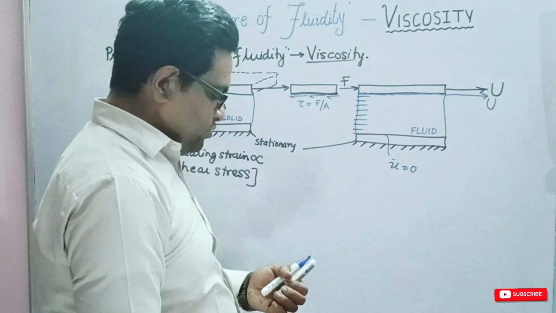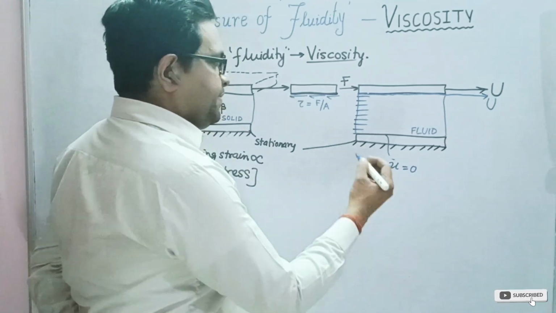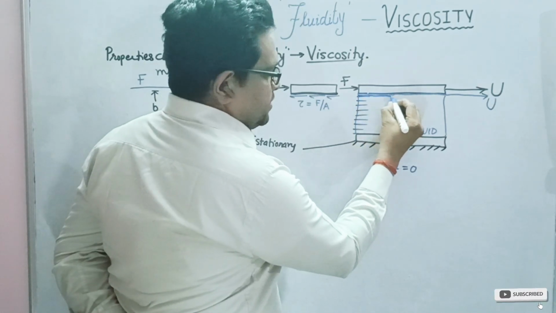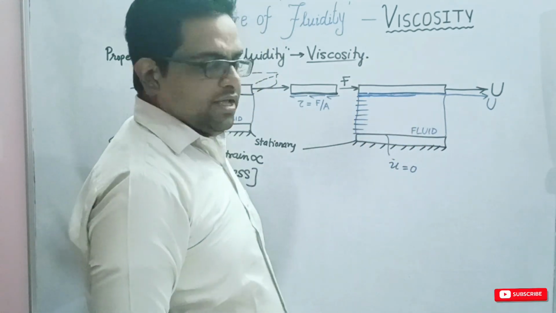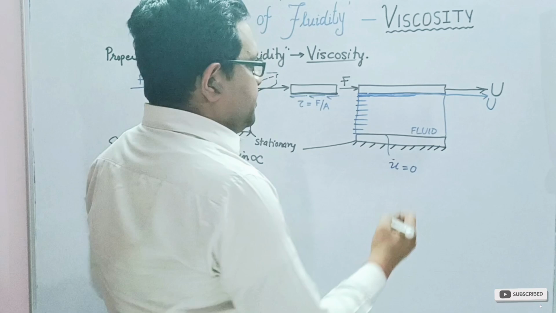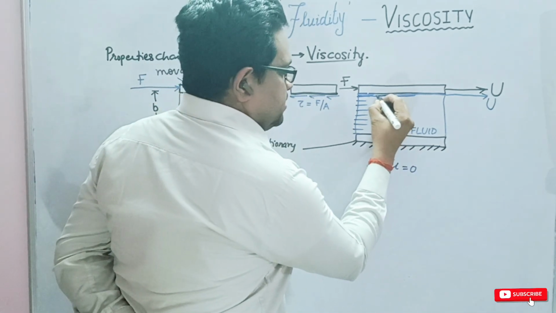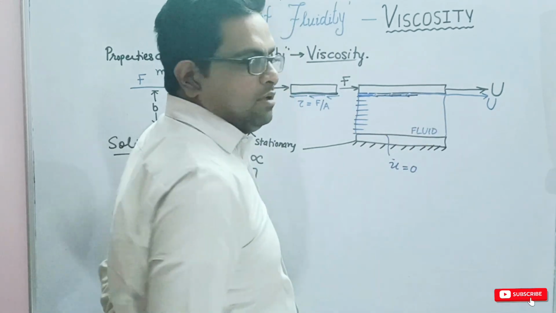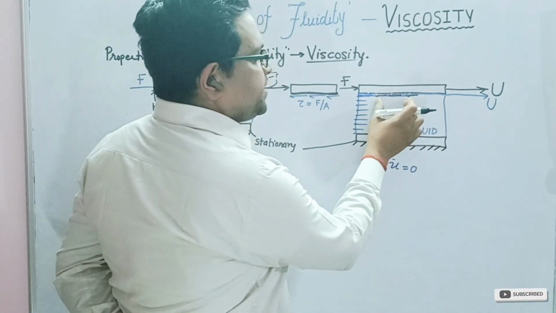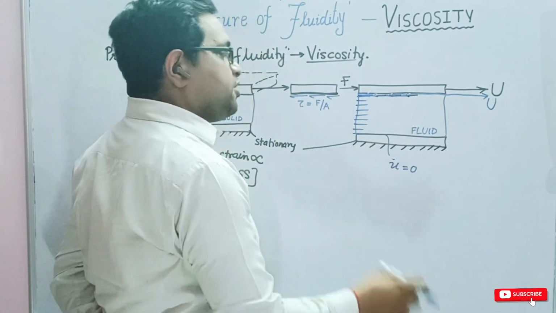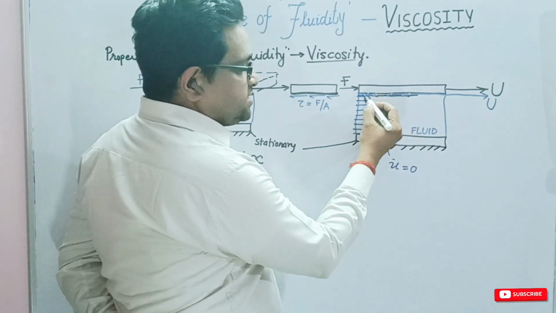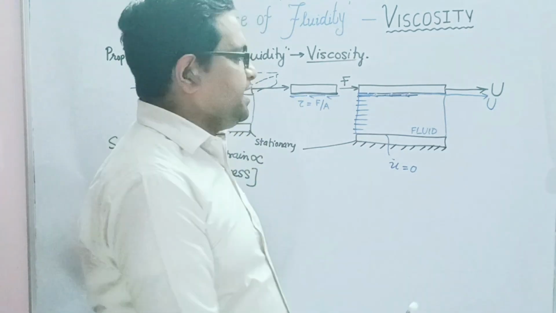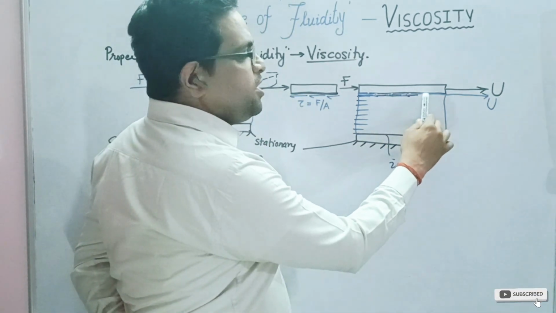We get the topmost layer moving with velocity U, and it decreases up to u equal to 0. Now let us also consider what happens between the topmost layer and the layer just below this. It is quite obvious that there will be a shear stress developed between the layers. Because of this there will be some resistance, and because of that resistance the second layer of the fluid will move with a velocity lower than that of the topmost layer.